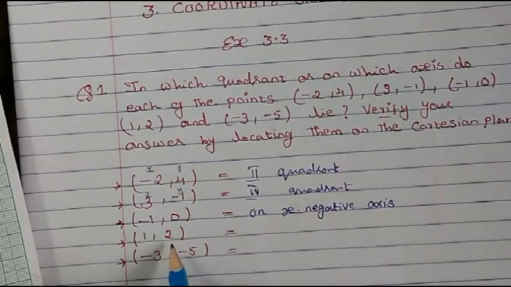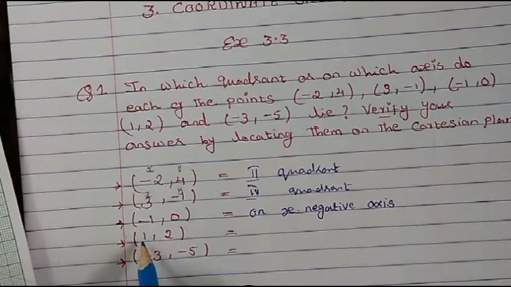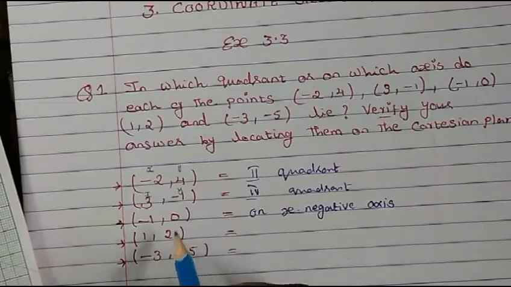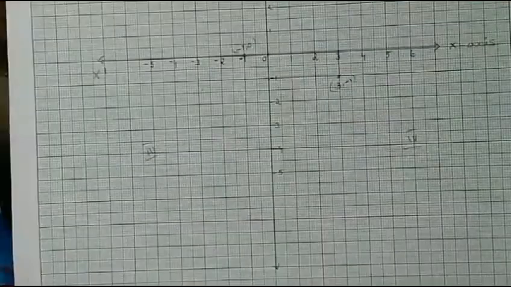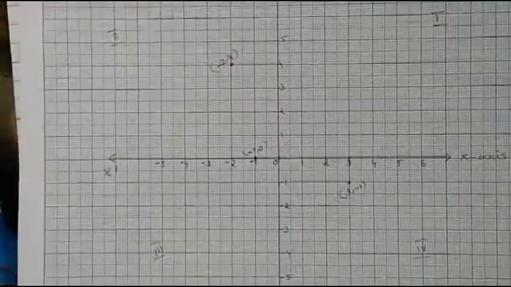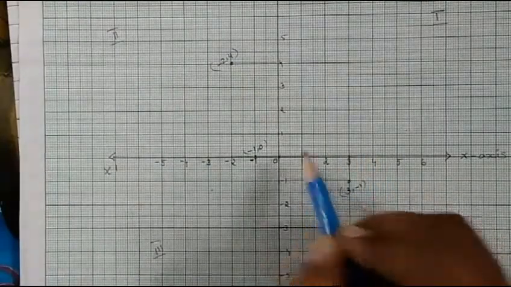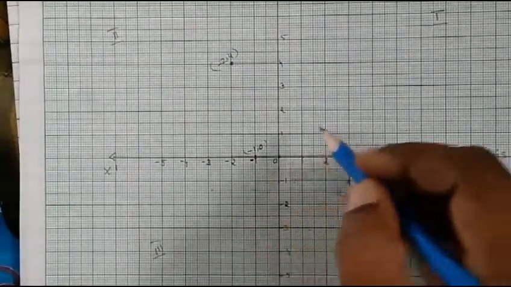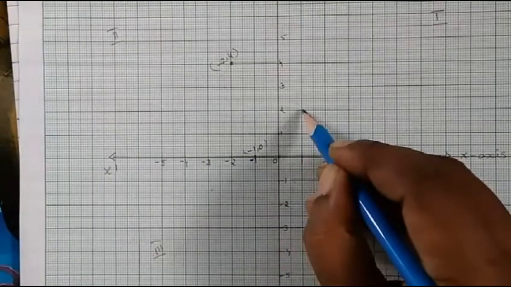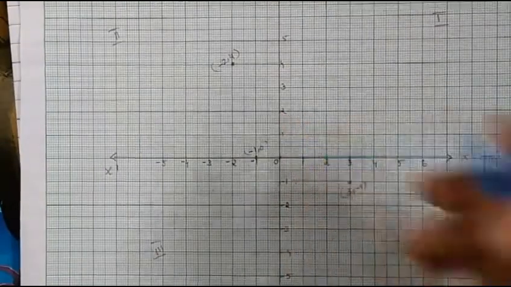So next, 1 and 2. On x we have to see 1, on y we have to see 2. So 1 for x is here, and 2 for y is here, right?